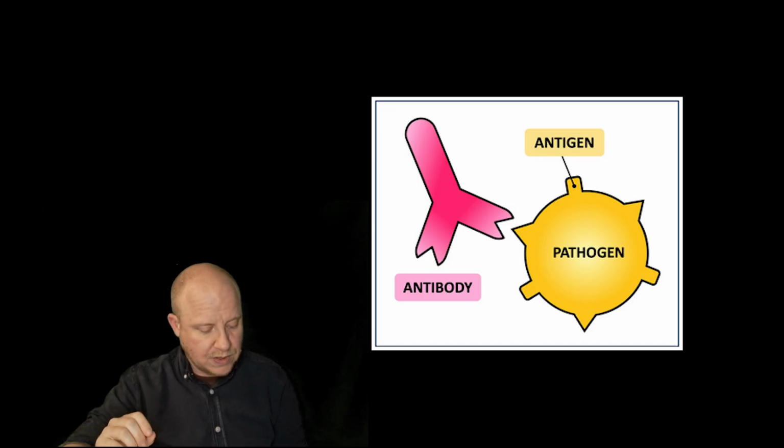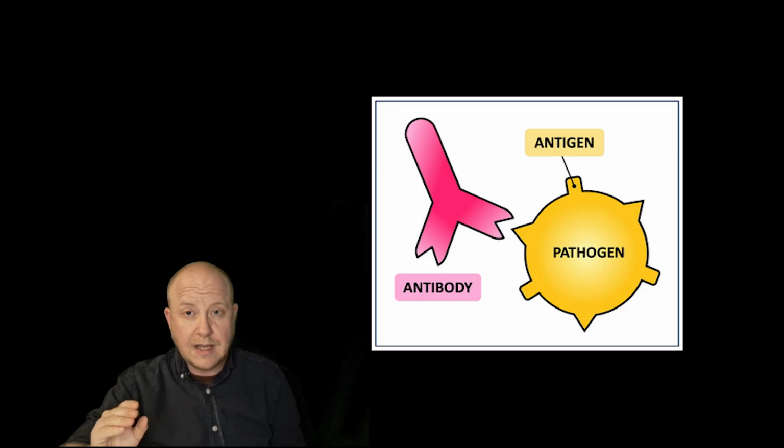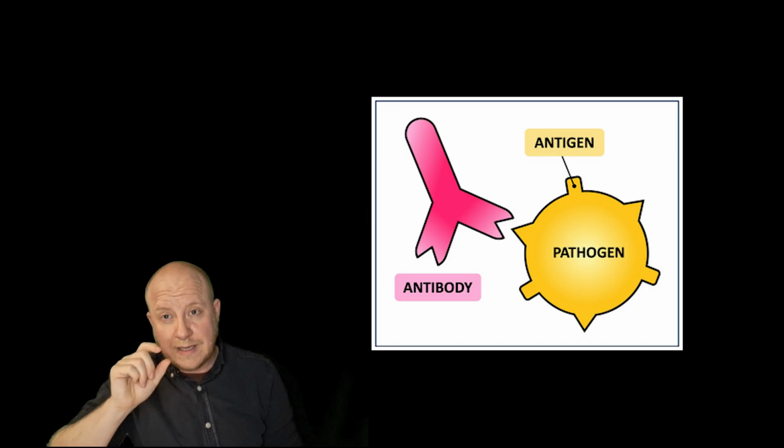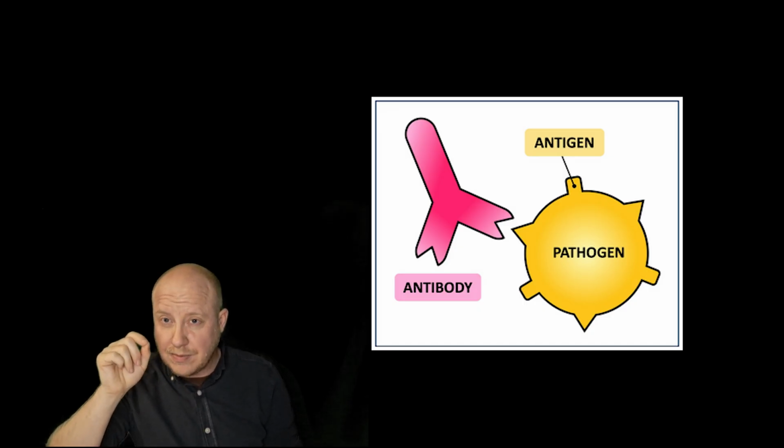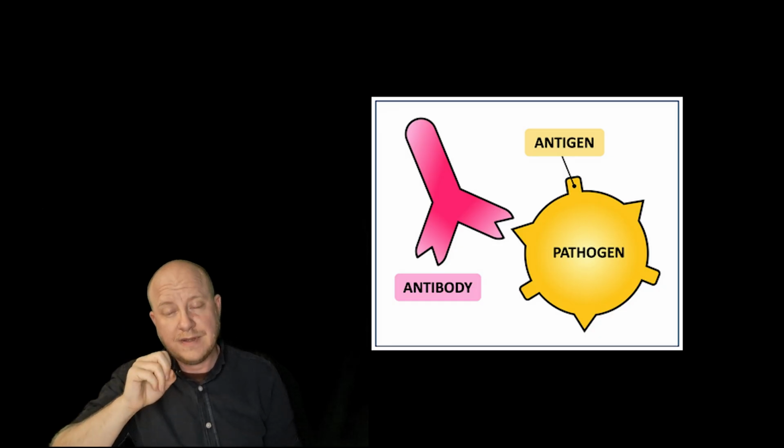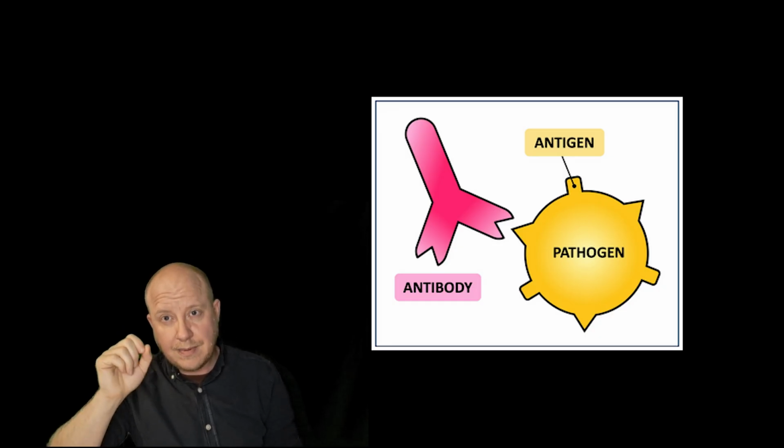These molecules, rather than the entire pathogen, are the molecular antigens that result in an immune response. Okay, so your body doesn't recognize a bacteria. It recognizes a protein that is on the plasma membrane of the bacteria, and that protein is called an antigen.